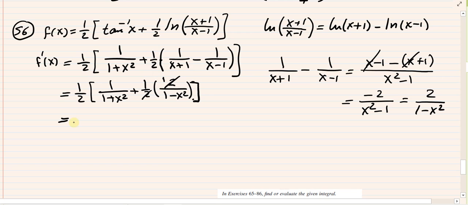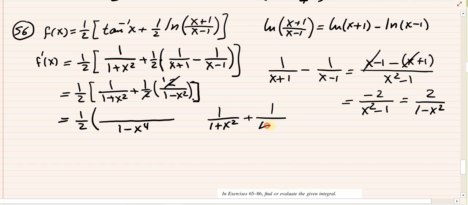So this is going to become 1/2 of, and the LCD now is 1 minus x to the 4th. So the first fraction here, let me show the steps in this one. 1 plus x squared over 1 minus x squared.